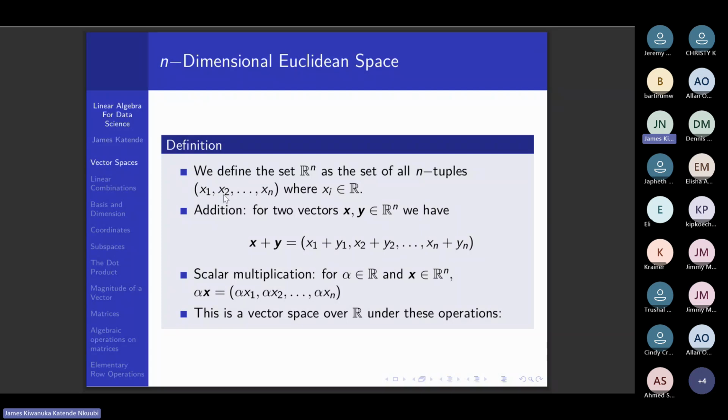And these are called n-tuples, the elements of Rn. Each entry, each xi, is a real number. Each entry in this n-tuple is a real number, and they define this set Rn. So any element in Rn would look like this, where every entry is a real number.